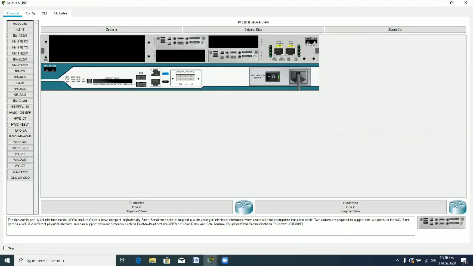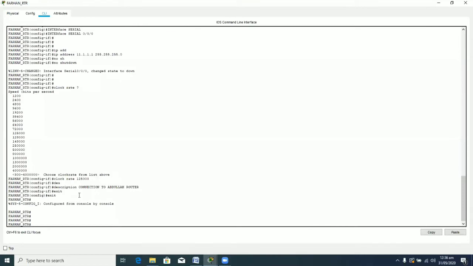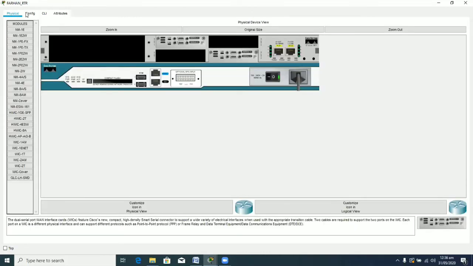I will be dealing with these connections in our real router lab. When I will be performing this practical on a real router, then I will show you how to make the connection over here. So all these configurations that I have done on this router are through the help of this console cable connection.